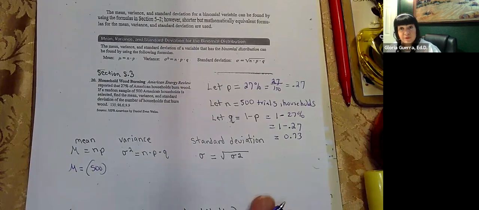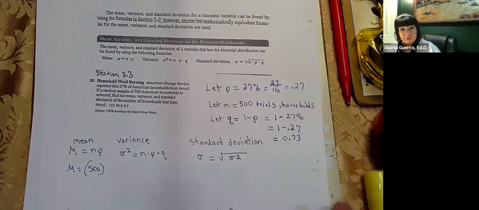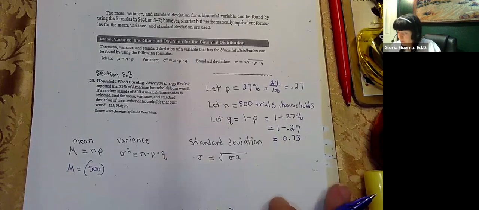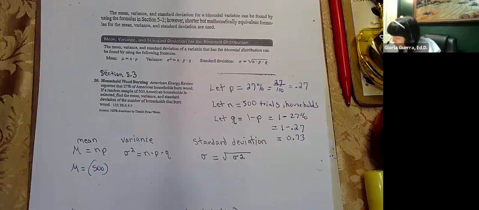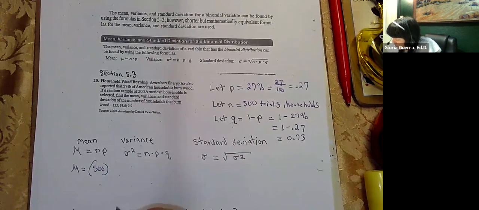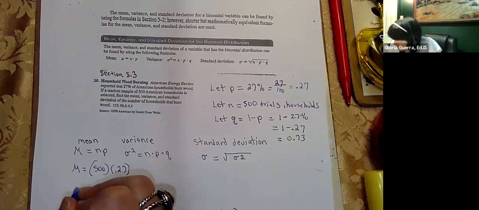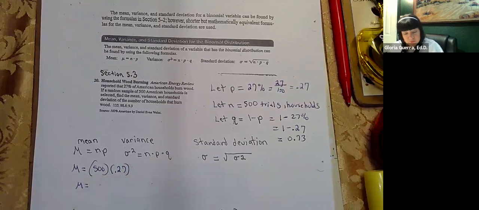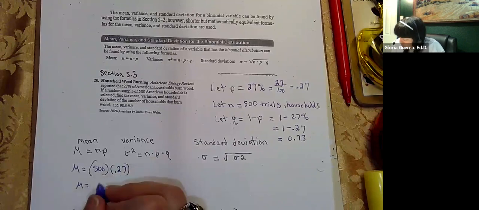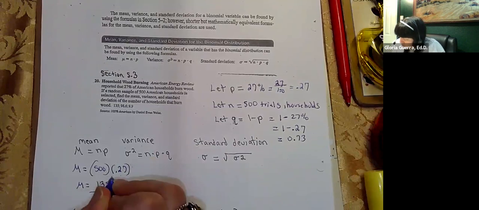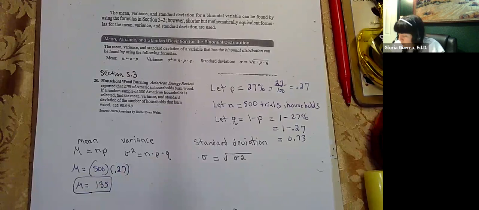Okay. So I'm assuming you turn off your video, you have all your work, and now we're going to check it. Okay. So mu is N, which is 500, times P, which is 0.27. And when you multiply 500 times 0.27, you should get 135. Okay.